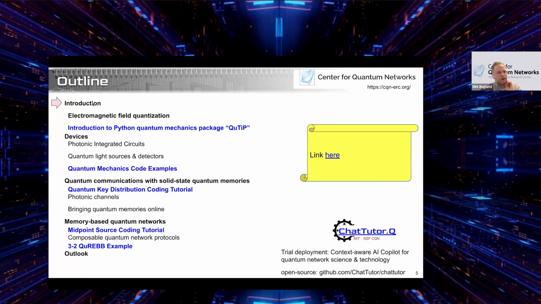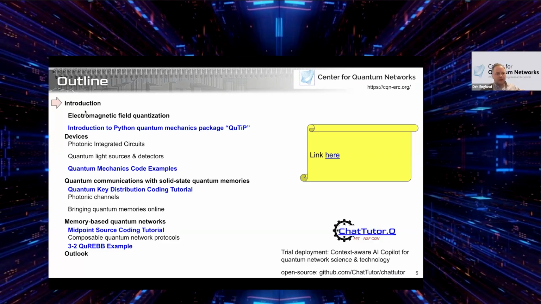But so the outline for the course is we'll go through a higher level overview of quantum networks, the theory, the applications, the devices, the protocols, and then I want to dig into the code and give you the tooling by which you can explore questions like, would this link be useful?